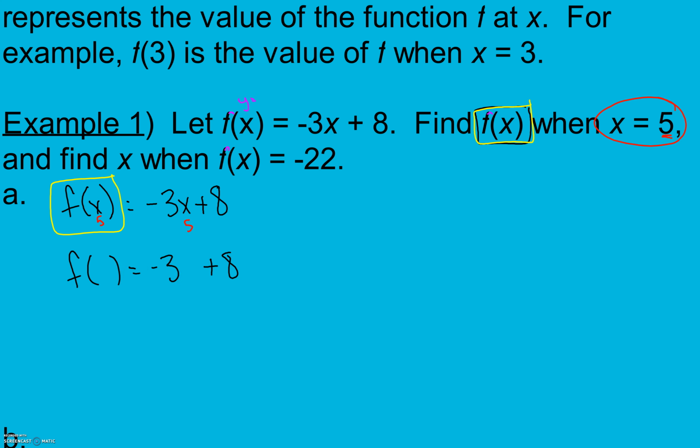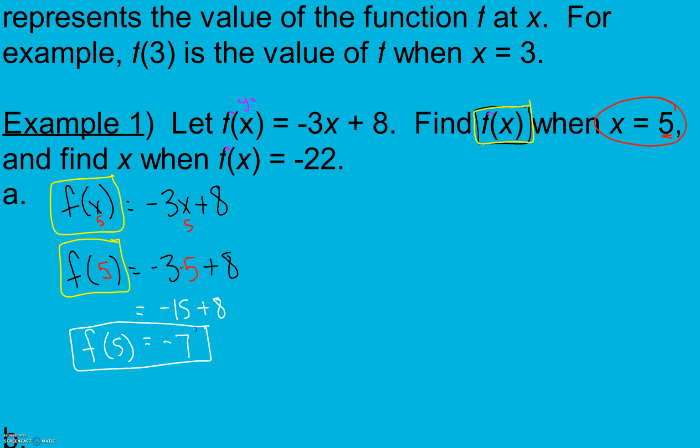Since I'm looking for f of x, and there's nothing else on the same side of the equal sign as my f of x, I can go ahead and simplify the other side. Negative 3 times 5 is negative 15, plus 8 gives me negative 7. So f of 5 equals negative 7.